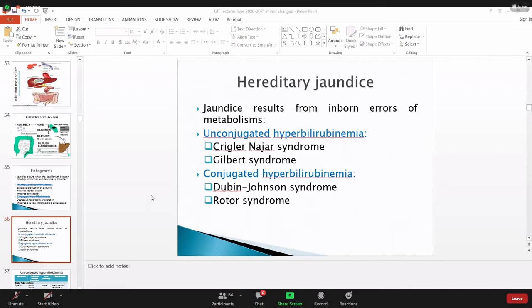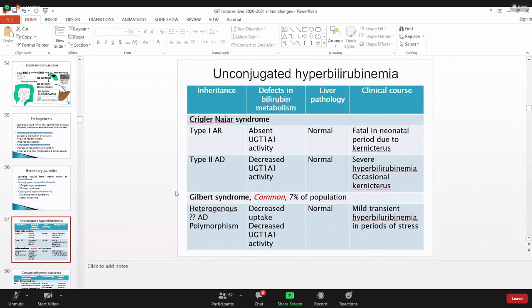Hereditary jaundice are persons born with abnormalities related to bilirubin metabolism, such as Crigler-Najjar syndrome and Gilbert syndrome, and Dubin-Johnson and Rotor syndrome in conjugated hyperbilirubinemia. These are not required from you, okay? Not required. Causes of unconjugated hyperbilirubinemia are defects in bilirubin metabolism, liver pathology such as type 1 autosomal recessive Crigler-Najjar and Gilbert syndrome.